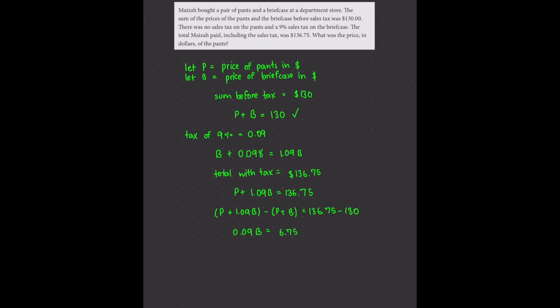Now, we can divide each side by 0.09, giving us B equals 6.75 over 0.09, which simplifies to 75. So the price of the briefcase is $75, and we can substitute 75 for B in the equation P plus B equals 130, which gives us 55. So, the price P of the pants is $55.